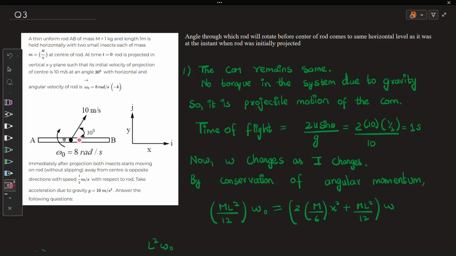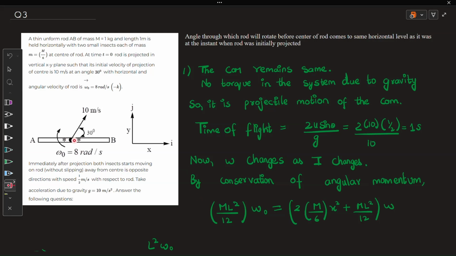So with half meter per second speed, these two are going to the end. In 1 second, it can travel half meter. At the end of the first second, this one will be here and this one will be here.